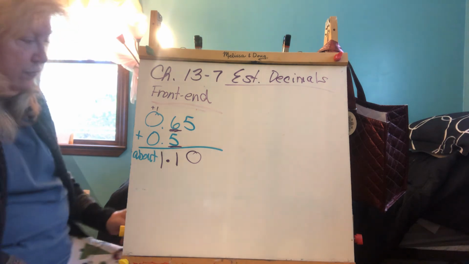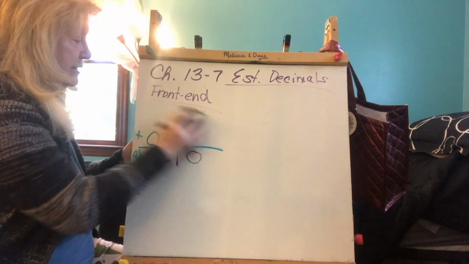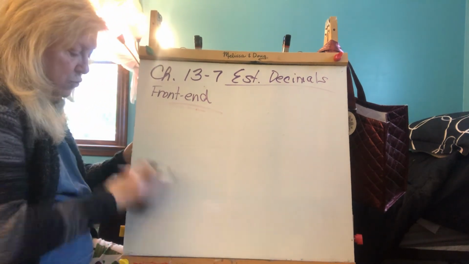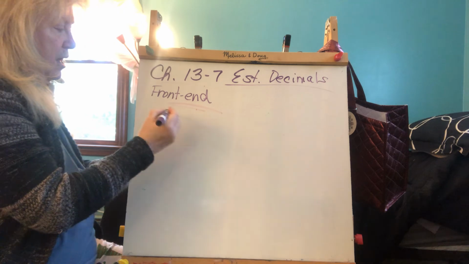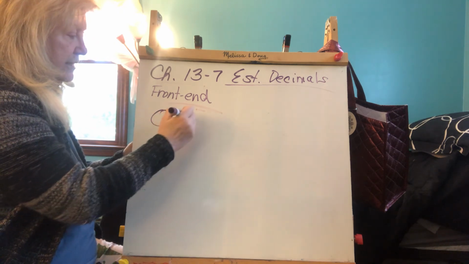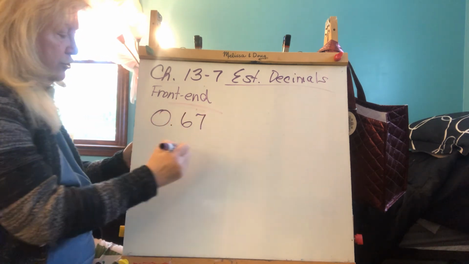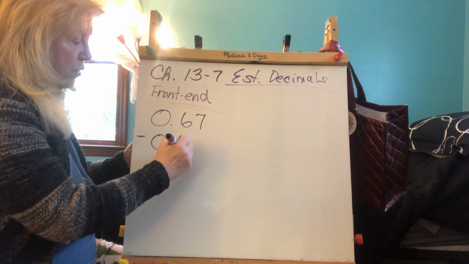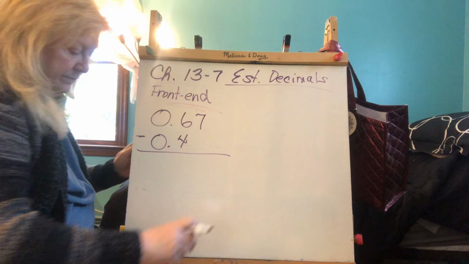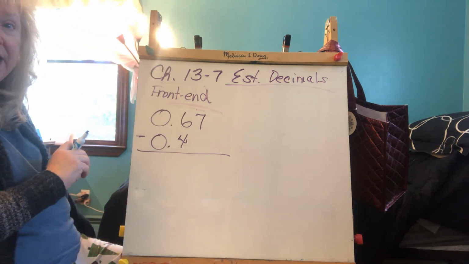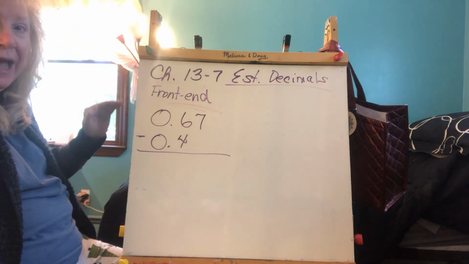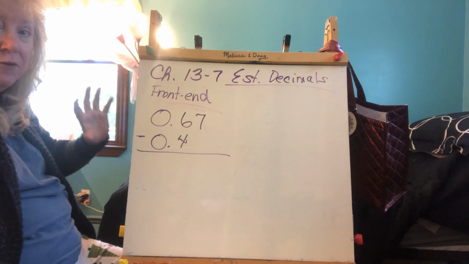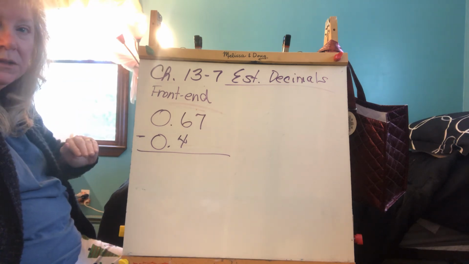What if we had a subtraction one that was like this? 67/100 minus 4/10. The rules stay the same. You're going to add or subtract the first or front digits that are not zeros.